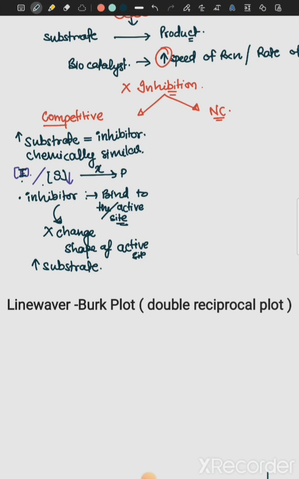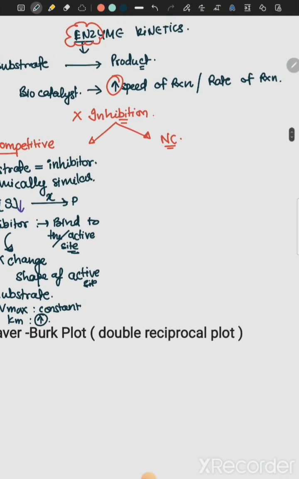One more point is that Vmax remains constant, but Km increases. These two points I will discuss soon.